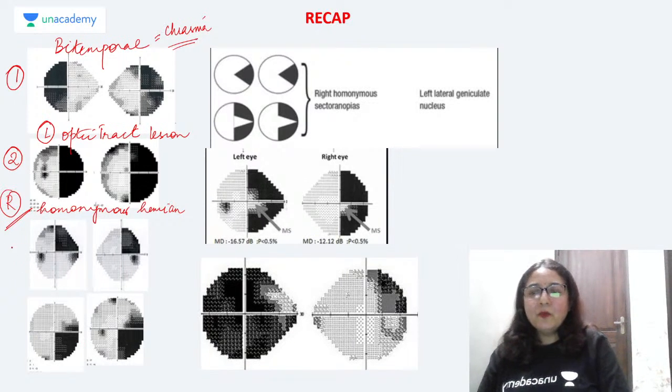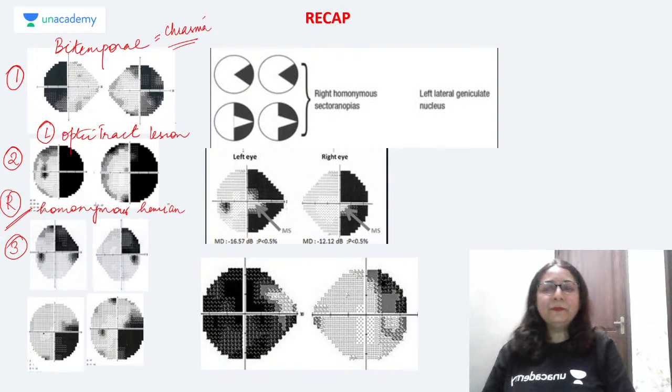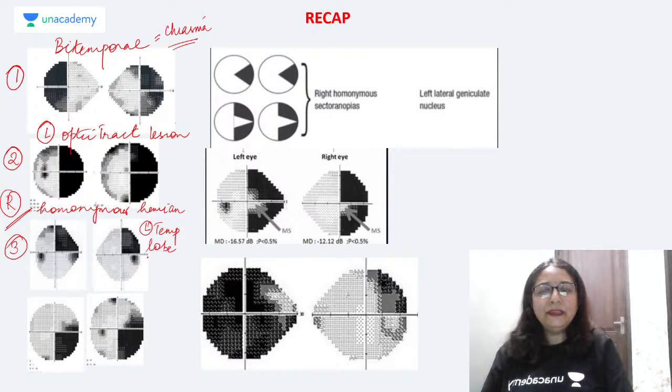Okay. Moving on to image number 3. We can see a quadrantic defect over here, superiorly, pie in the sky, right-sided. So this is your left temporal lobe lesion.